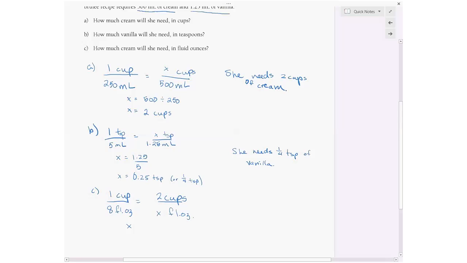So here we can see we've got our x, and the two numbers are crossing each other, so we're going to multiply them. 8 times 2, so x equals 16. So she needs 16 fluid ounces. And we could have also looked at that and said, well, 2 cups is the same as 1 pint. 1 pint is 16 fluid ounces, so that's how much it is. At any rate, that is what she needs for her recipe.